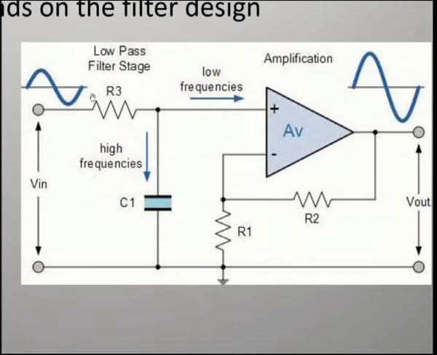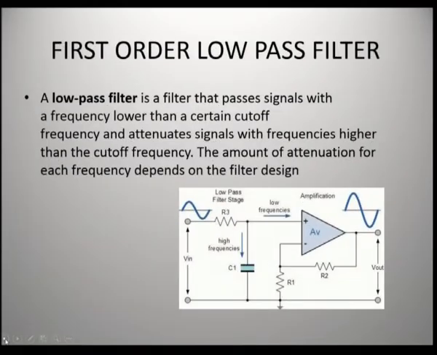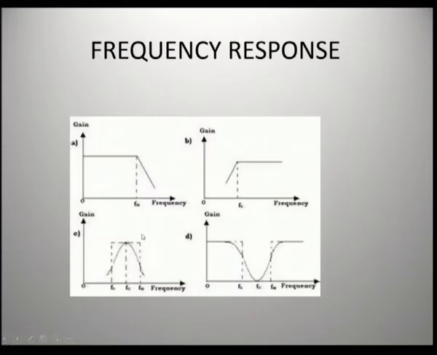Now, after passing through this circuit, the voltage at this node is the input voltage given to the positive terminal of the amplifier, and the output is obtained here. So, the cutoff frequency is decided by these passive components. R3 and C1 are the major factors for selecting the cutoff frequency of this low pass filter. When you see this frequency response of the low pass filter, this is the cutoff frequency.